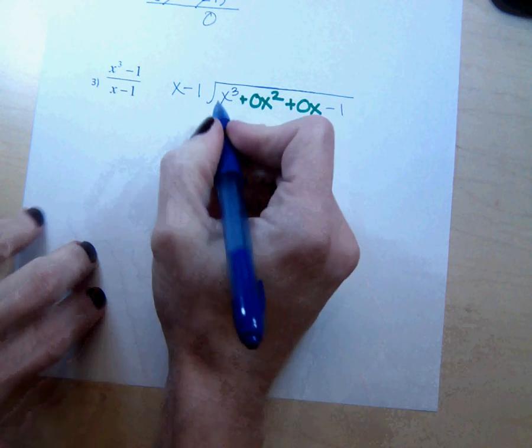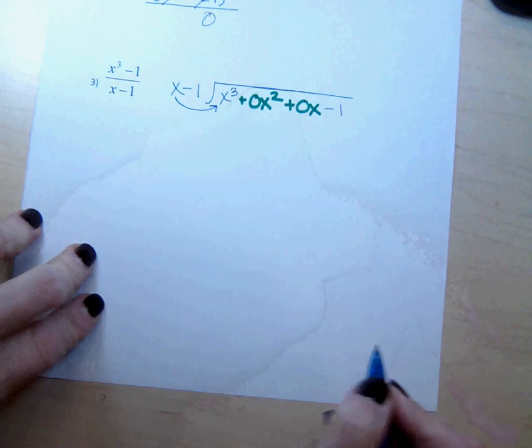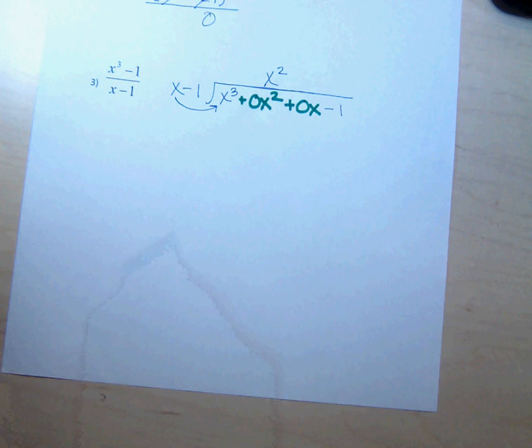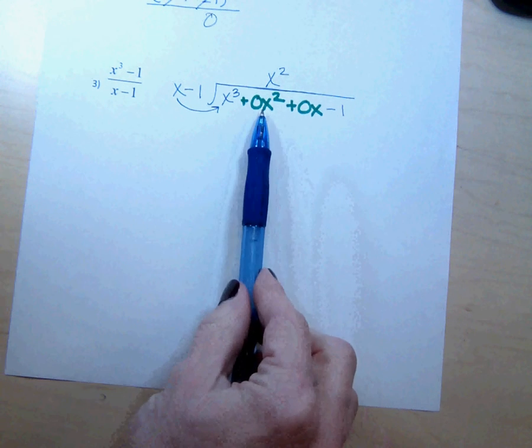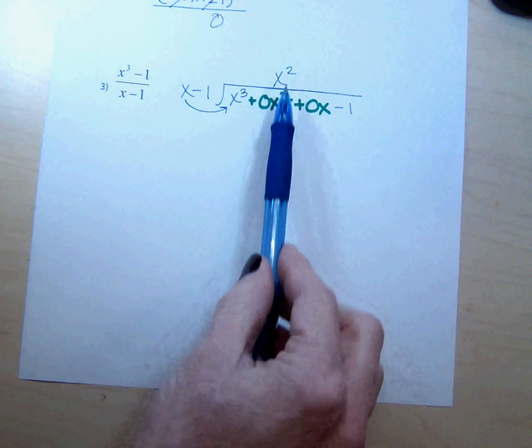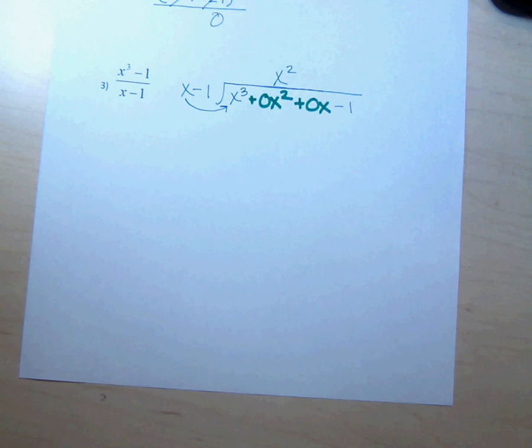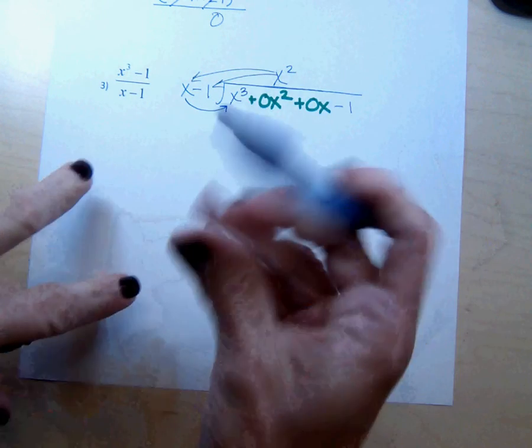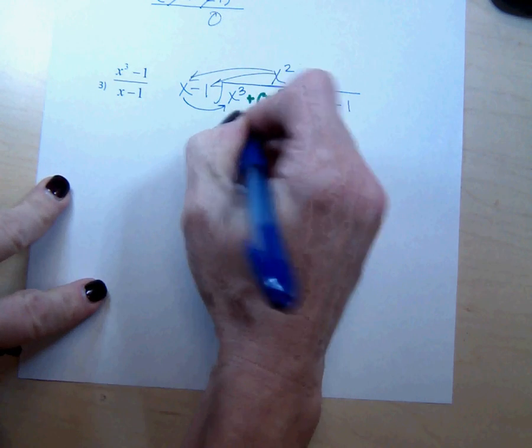All right, let's start. How many times does x go into x cubed? Well, it's x squared, because I need to do x times x squared to get me to x cubed. And that's why I had to fill in my placeholder, so I had a column to write it on top of. All right, let's multiply. X squared times x is x cubed.